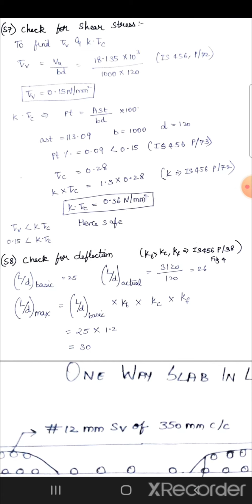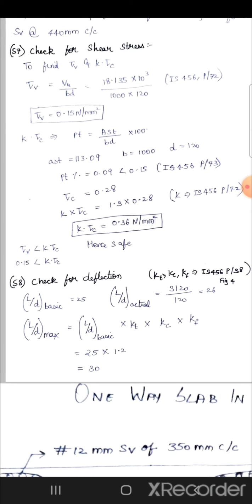Next is K into tau c. K value is in IS456 page number 72. Tau c is calculated by percentage equal to AST by breadth into effective depth into 100. Answer for percentage is 0.09, which is less than 0.15.